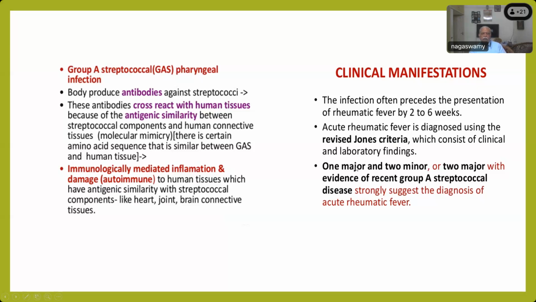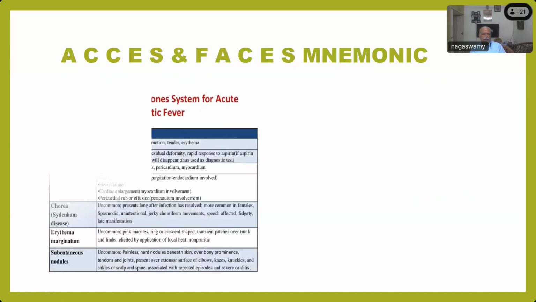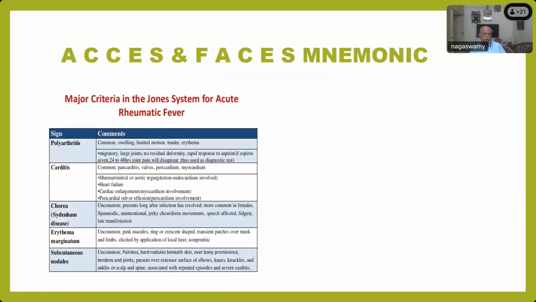And the revised Jones criteria should always be told whenever they ask you for the clinical manifestations, the major and minor criteria. This is how the major criteria are classified: arthritis, carditis, chorea, edema, and subcutaneous nodule, so that you can remember by this mnemonic.